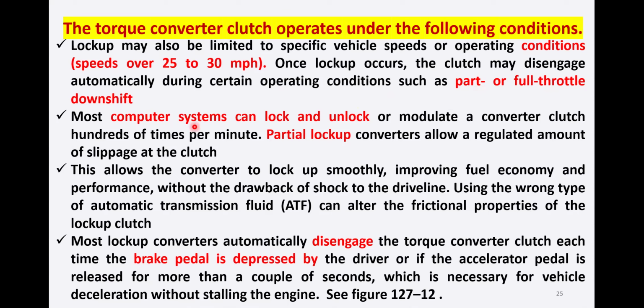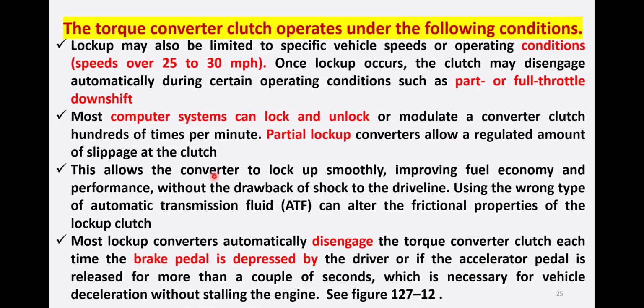Most computer systems can lock and unlock or modulate a converter clutch hundreds of times per minute. So in 1 minute, it can engage and disengage hundreds of times. Partial lockup converters allow a regulated amount of slippage at the clutch.